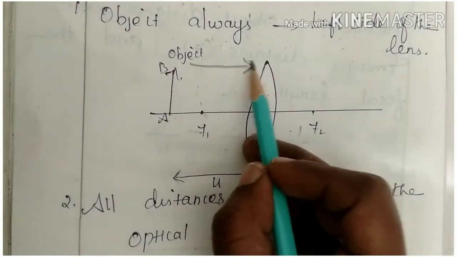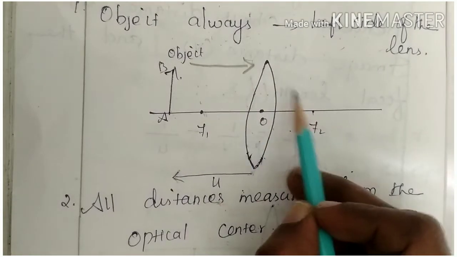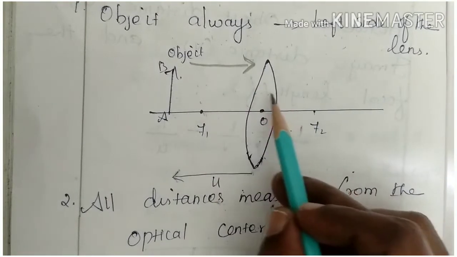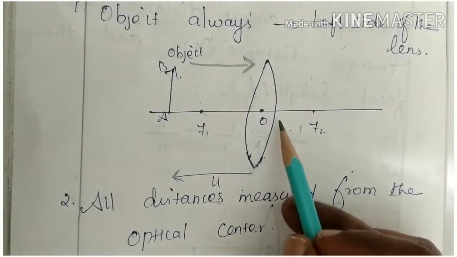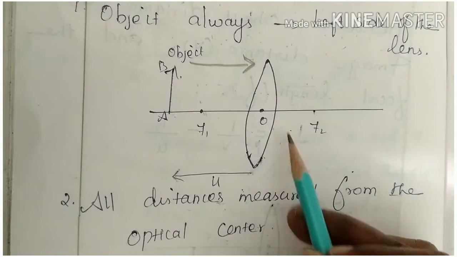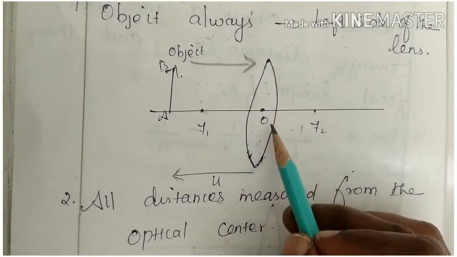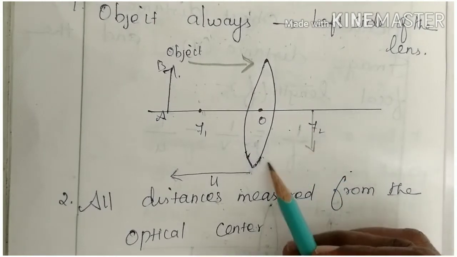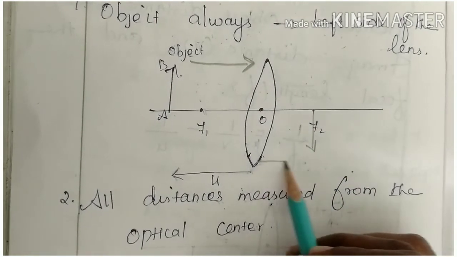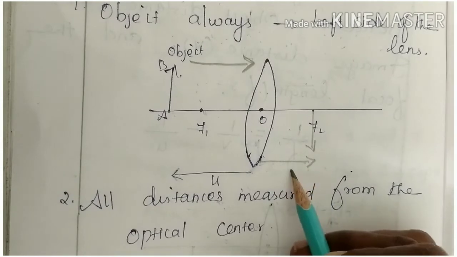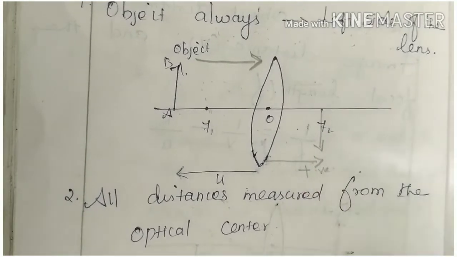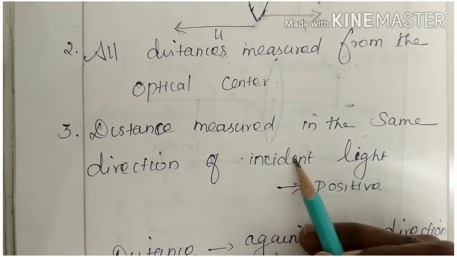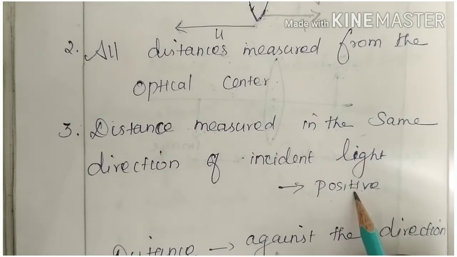Whatever distance we measure in this direction, we take as positive. For example, if the image is formed here, we measure from here to here. This is the direction of the incident light, so it is taken as positive.